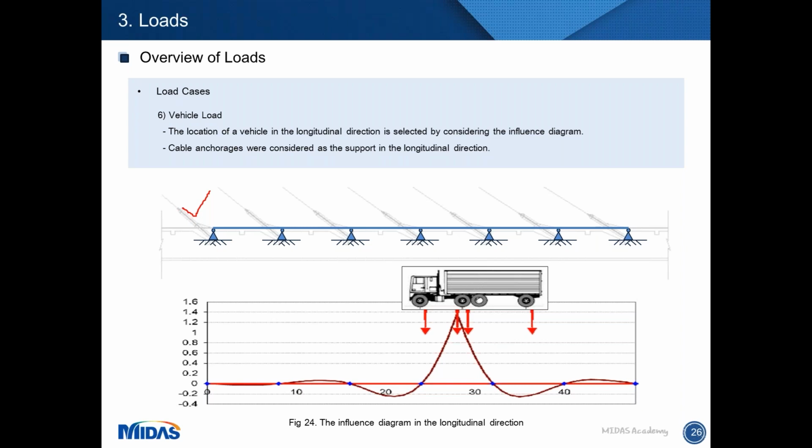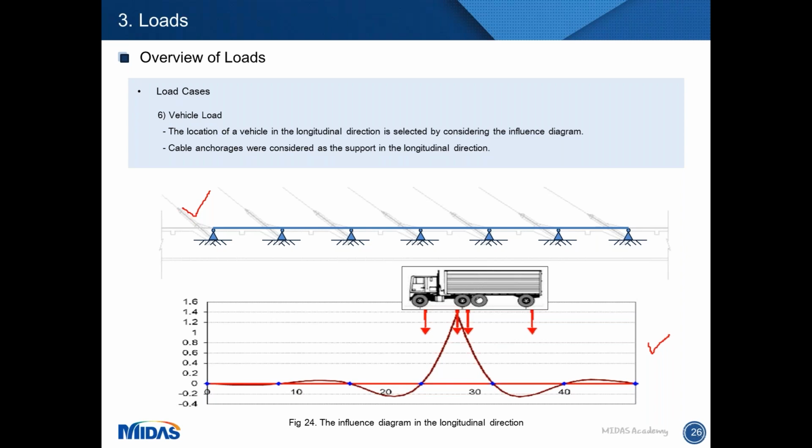And I changed the location of the unit load on the continuous beam to get the influence line diagram for the bending moment. Through that process, I got this influence line diagram as shown in the figure. It is the maximum bending moment case at the middle of the girder.